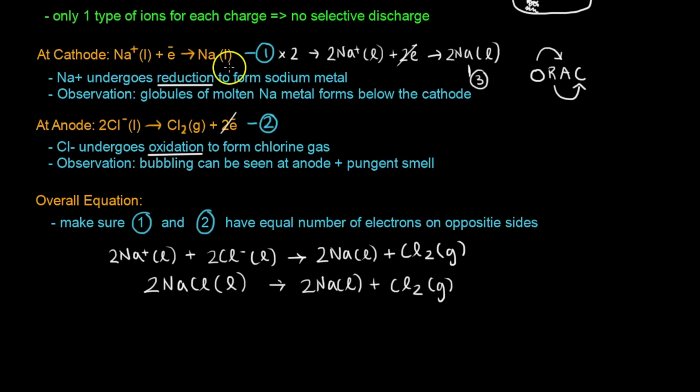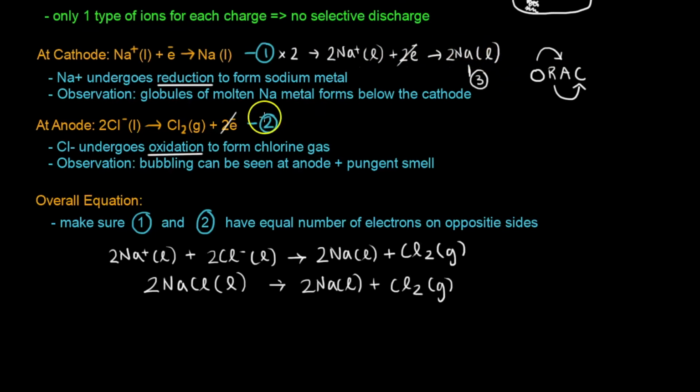So to make sure that they have the same number of electrons, I multiply my first equation by 2, such that this equation now has 2 electrons. But by multiplying this electron by 2, I must multiply everybody by 2, because it's not fair to just change the number of electrons without changing the other species. So when I multiply everybody by 2, I get 2 Na+ liquid plus 2 electrons gives 2 Na liquid.